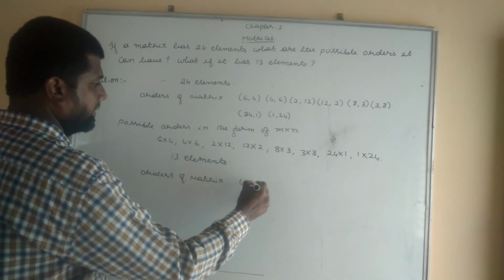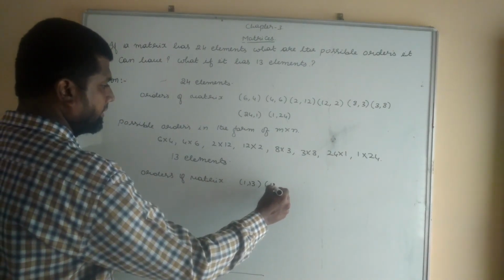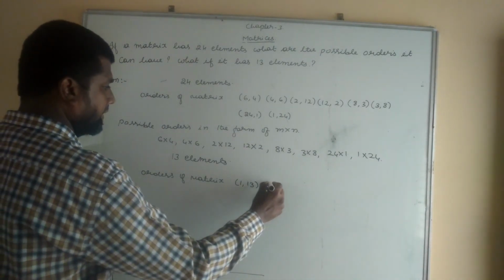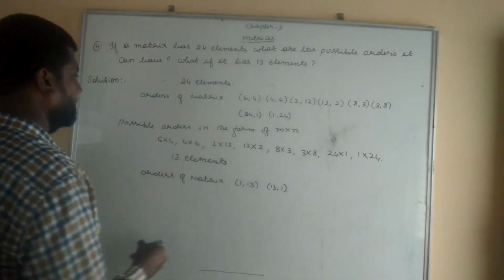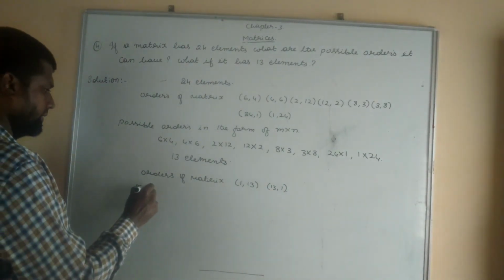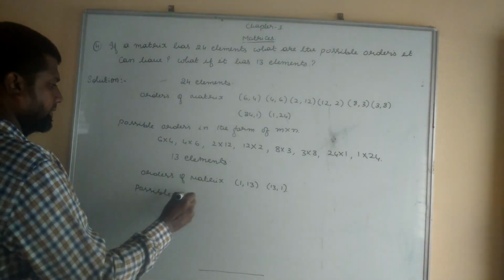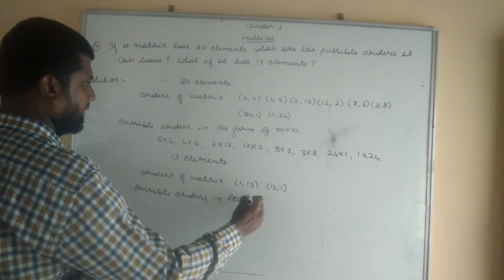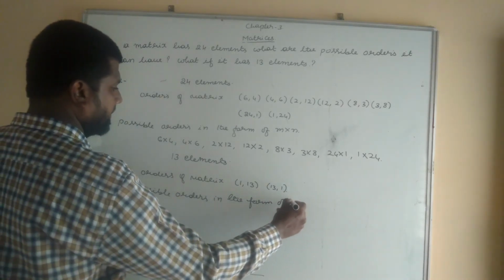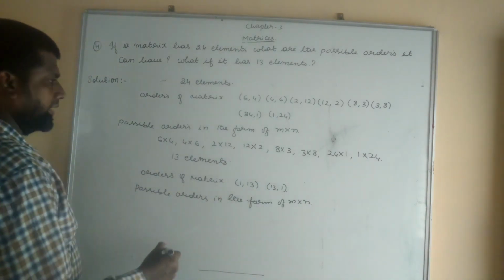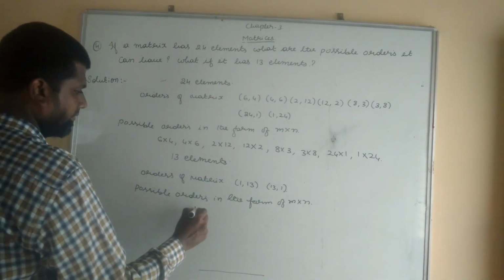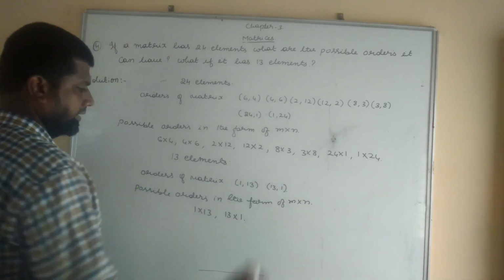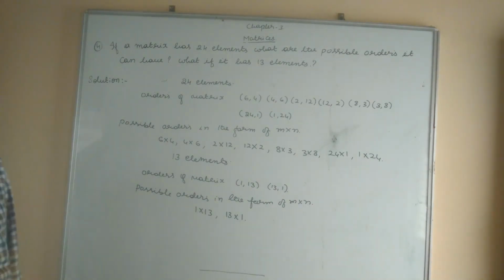The possible orders in the form of m cross n for 13 elements are 1 by 13 and 13 by 1. This is the possible order for 13 elements.